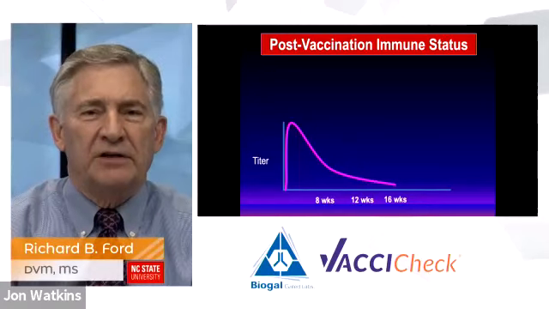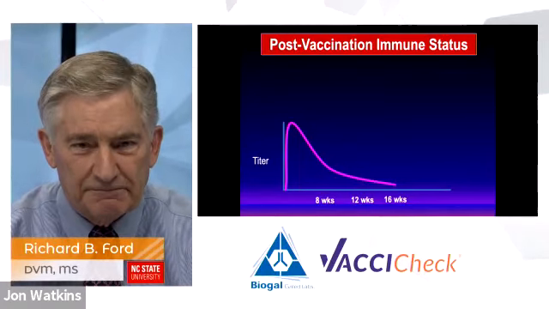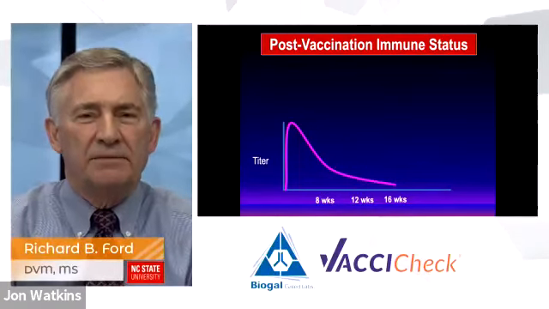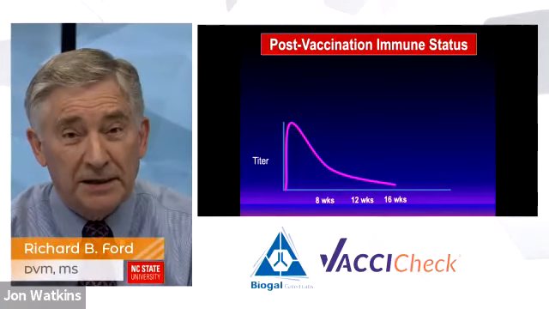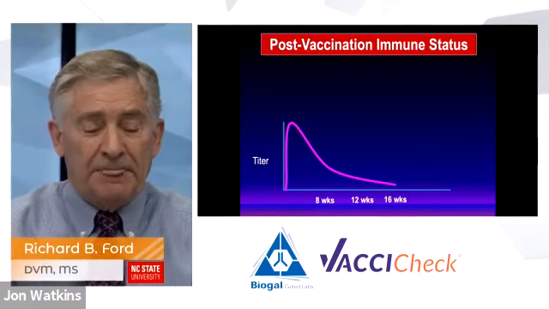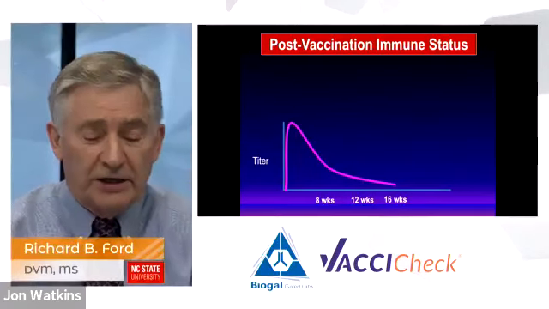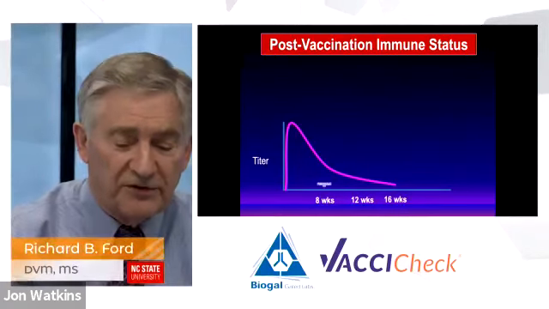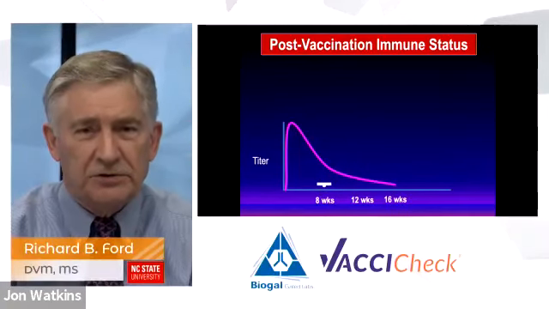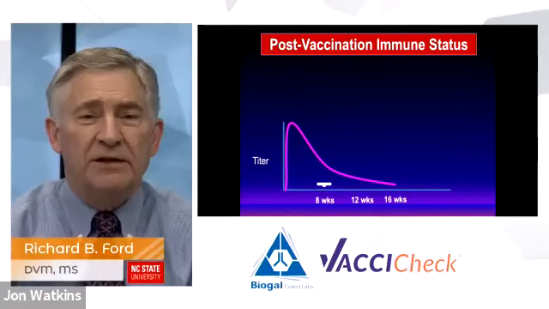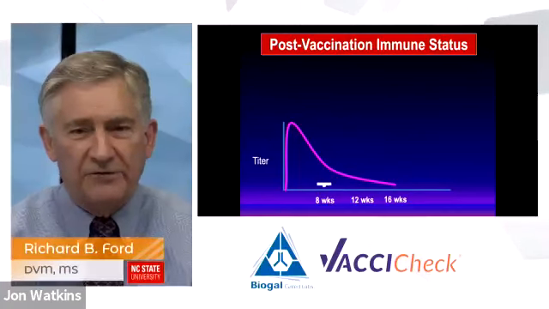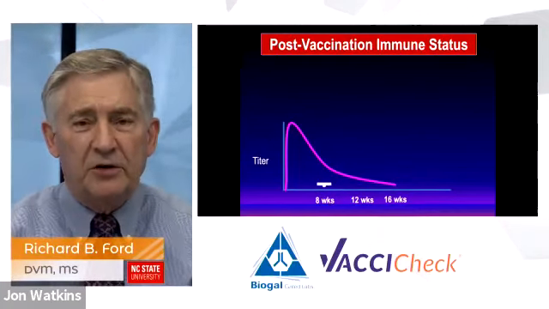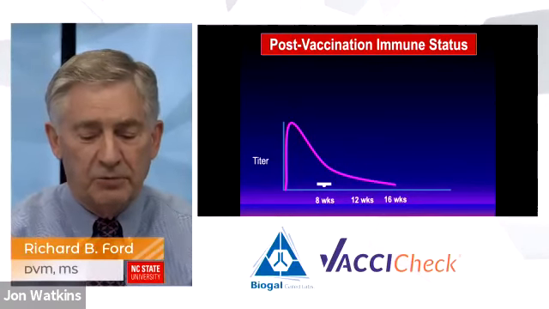This represents maternal antibody. And I'm using this to demonstrate one of the more common reasons that we're doing antibody testing in practice. As all of you know, if you attempt to administer vaccine in the presence of maternal antibody, the maternal antibody will interfere with or neutralize the vaccine, and there is no immunization at that point.